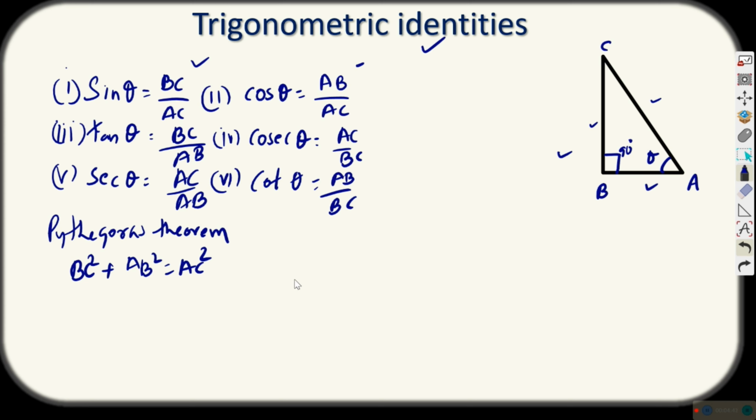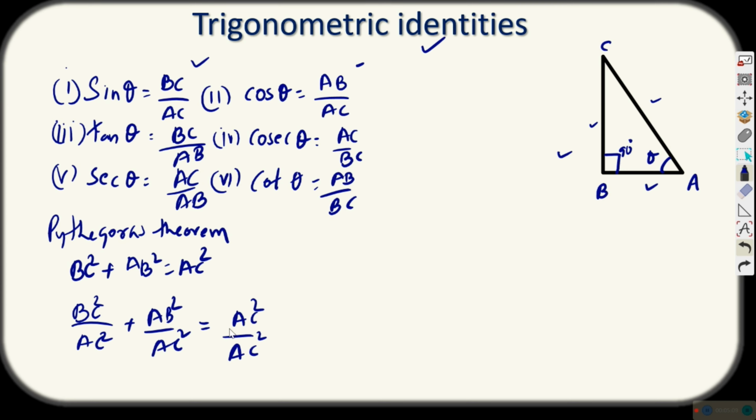Now if I divide the whole equation by AC square, what will happen? I will write BC square upon AC square plus AB square upon AC square is equal to AC square upon AC square.